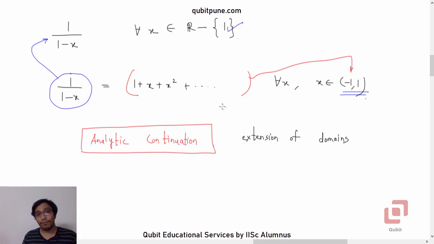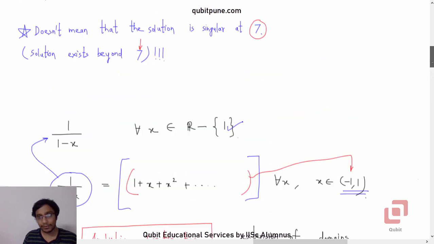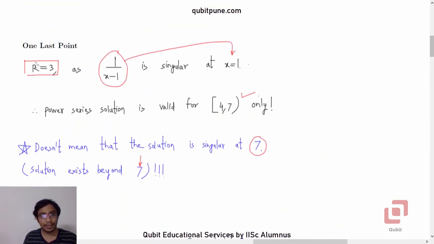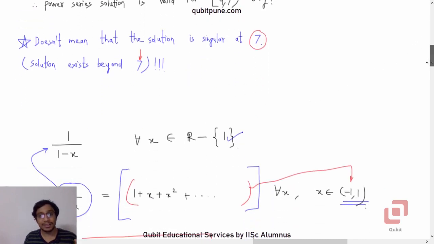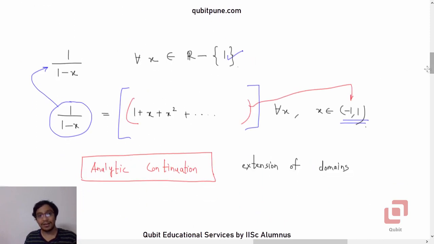So what we have got is this: due to r equal to 3, but that doesn't mean that the solution doesn't exist beyond 7. The solution does exist, it just so happens that we don't know what to call it.